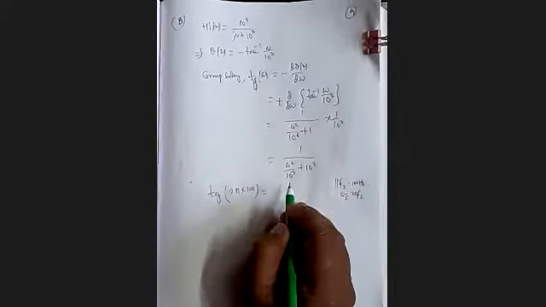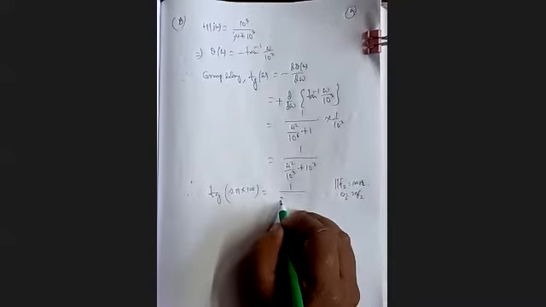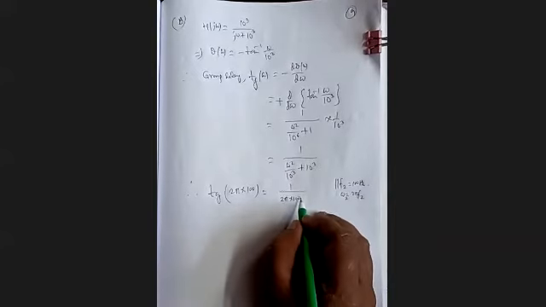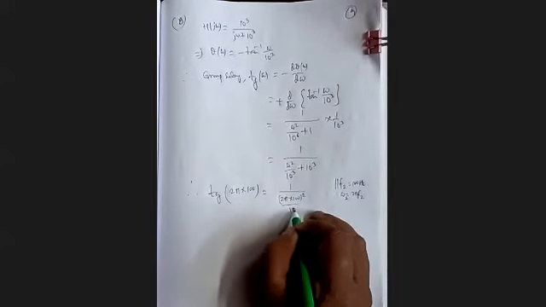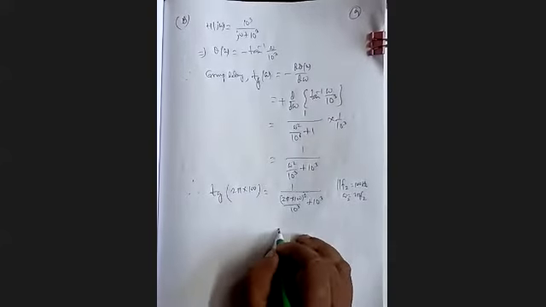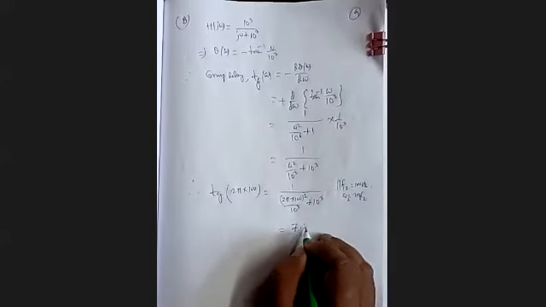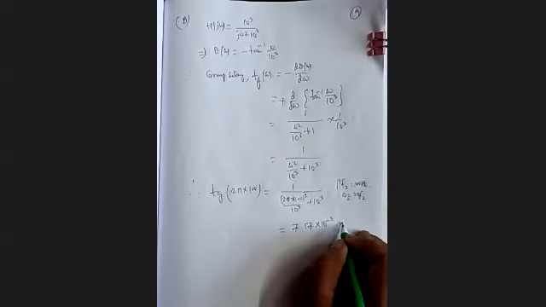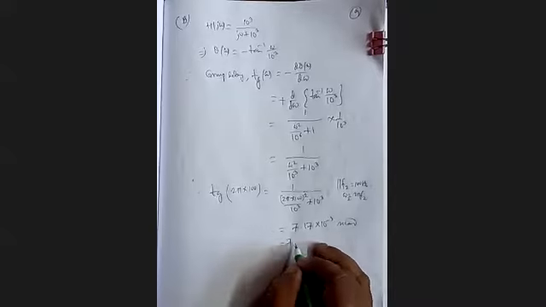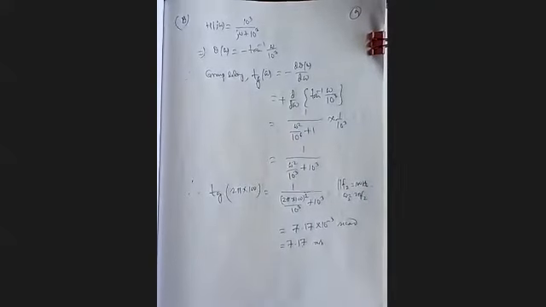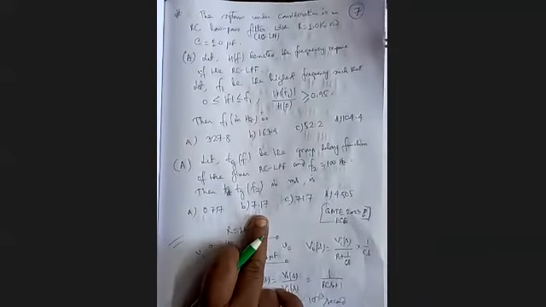You put it here: 1 by 2π into 100, square, by 10 to the power 3 plus 10 to the power 3. After simplification, you will get 7.17 into 10 to the power minus 3 second, or 7.17 millisecond. So our correct option is 7.1. So option B is correct.